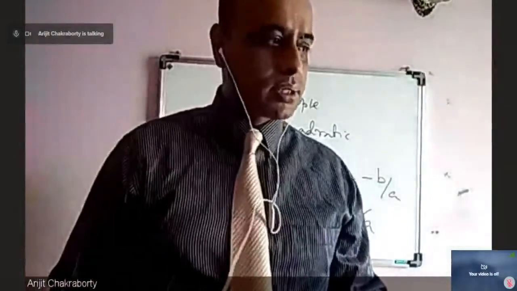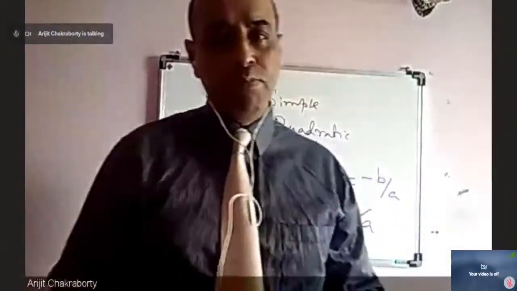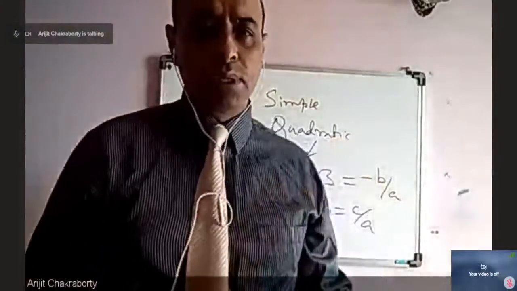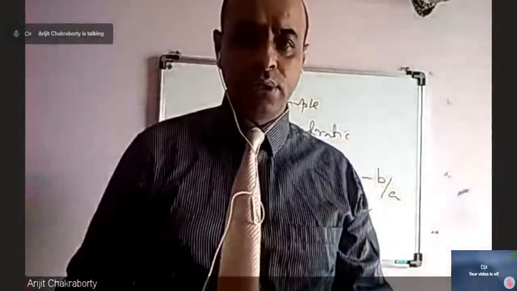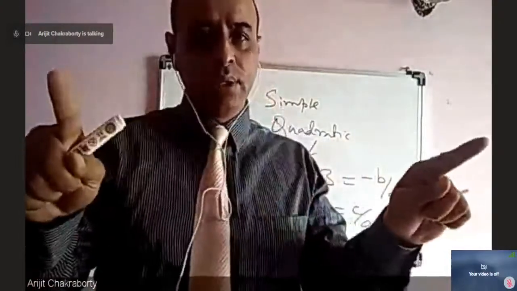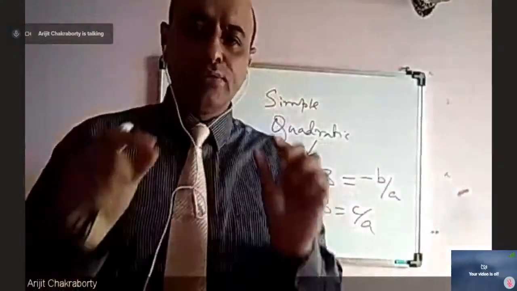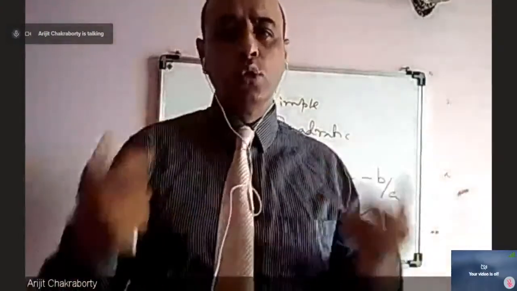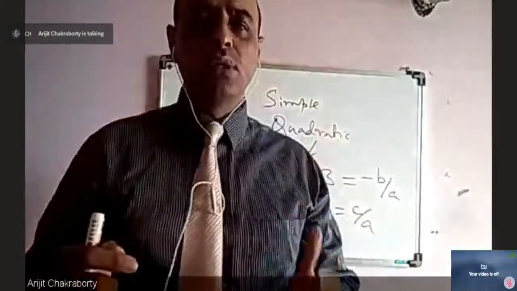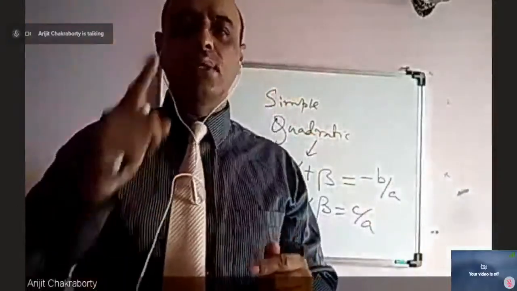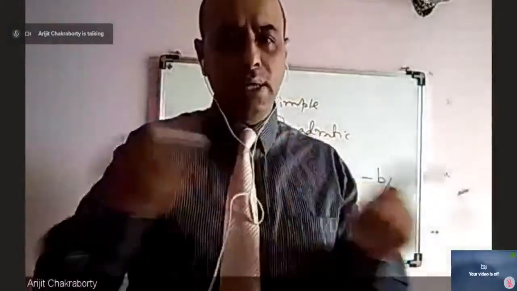First is regarding the revision of simple equations. Today I will take up more examples on simple equations, that is, linear equations. As I was mentioning last day, if you see an equation, say 2x plus 3 equal to 9, here the power of x is 1, so it is a linear equation.